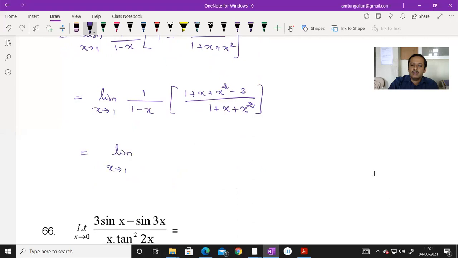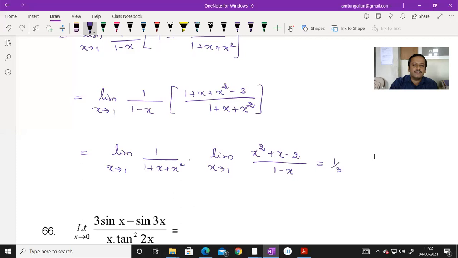I can take the denominator factor out because that will not be 0 directly. We are going to get 3 in the denominator, so it will be 1 by 3. I can write the rest separately: limit of (x square plus x minus 2) divided by (1 minus x). Now this will also be 0, and this will also be 0. It is 0 by 0 form. As x approaches 1, this factor becomes 1 by 3.